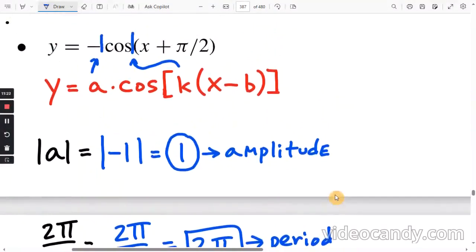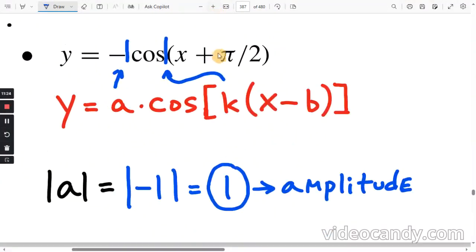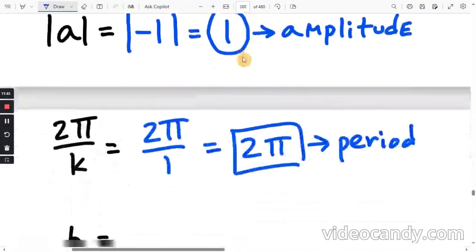Finally, the value for B, like we said before, you have to change the sign. We can see right here that negative B is positive pi over 2. See, the equation has it as negative B. Right here it's positive pi over 2.